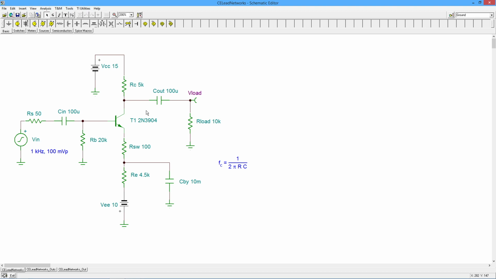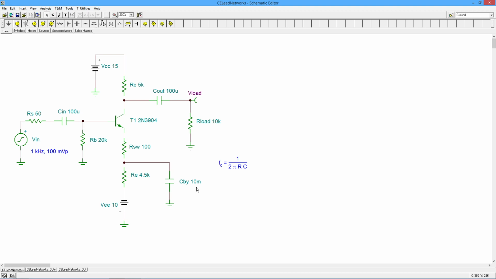But what I want to figure out is the effect of these capacitors. We've got an output capacitor, an input capacitor, and an emitter bypass capacitor, which by the way, I have started off with some really huge values because I want to put them well below the audio range. And then what we're going to do is change each one by itself and see what the effect is.